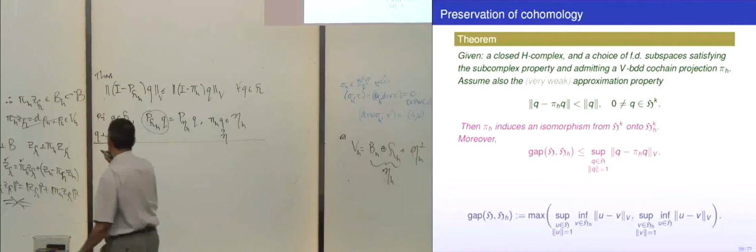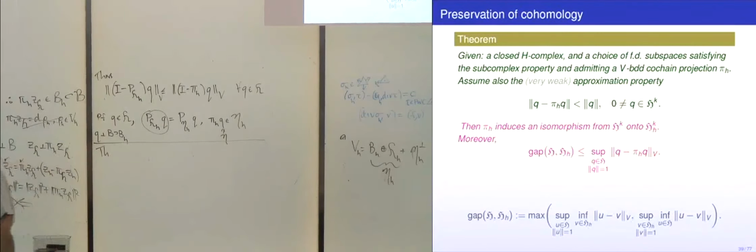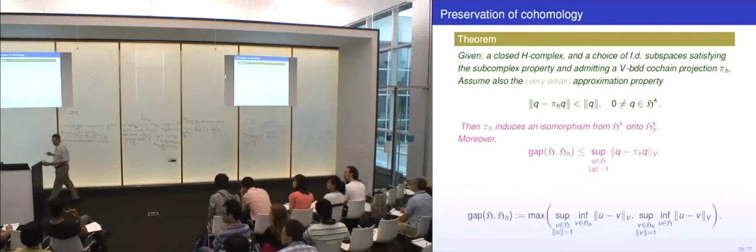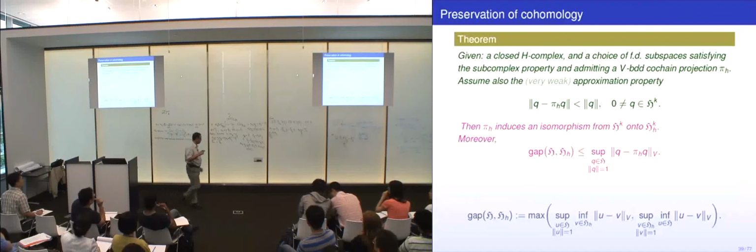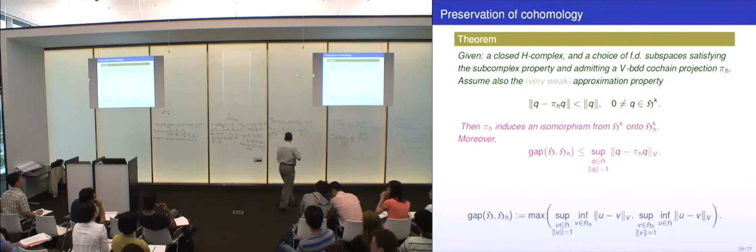Now the second estimate. What should be obvious? Which is a projection?